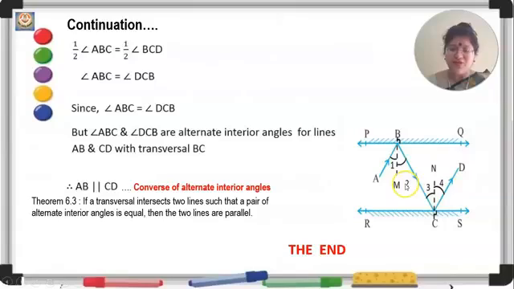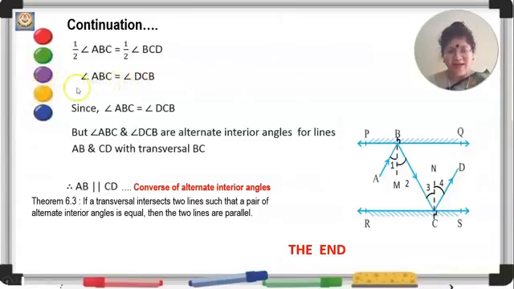Since we just mentioned 2 is equal to 3, what I write here is half of ABC is equal to half of BCD, because above this is 2 equal to 3. But 2 is half of ABC and 3 is half of BCD. So half ABC is equal to half BCD. In this, half and half cancels. So I get angle ABC is equal to angle DCB.